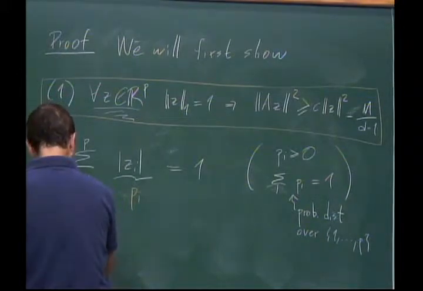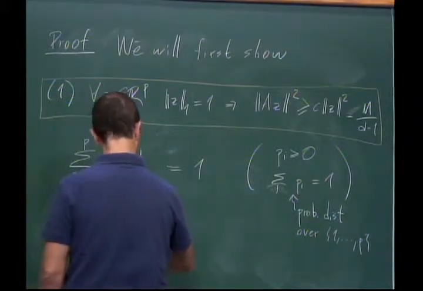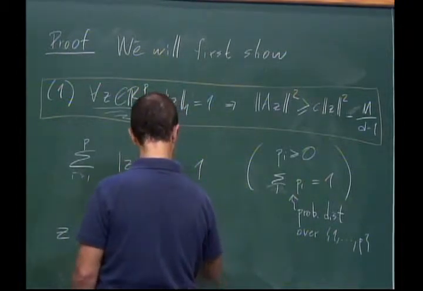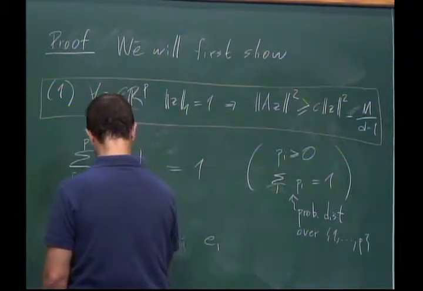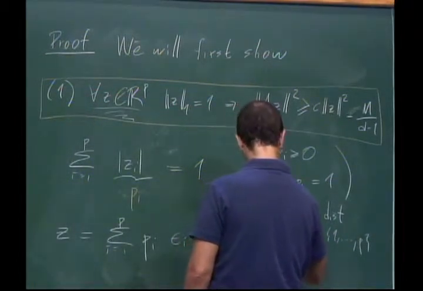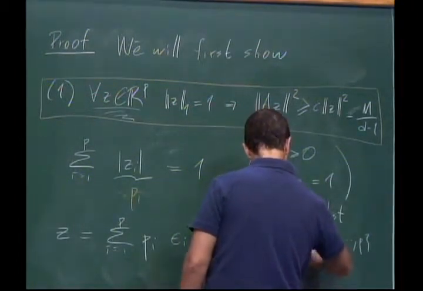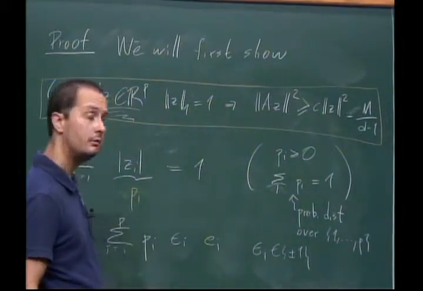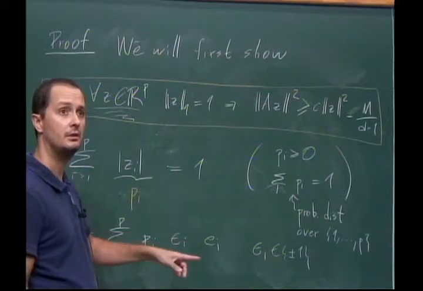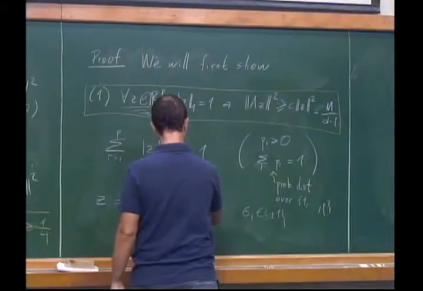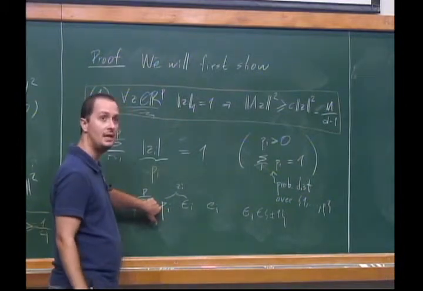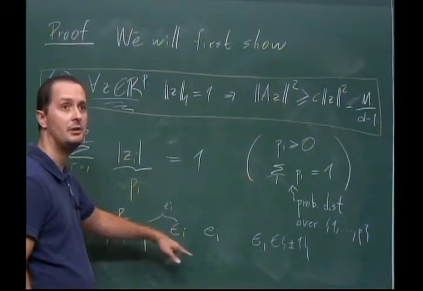So the vector z is a sum of p_i times epsilon_i times the canonical basis vector e_i, where epsilon_i belongs to plus or minus 1. Certainly z is a sum of canonical basis vectors with coefficient z_i. So p_i is the absolute value of z_i, and I just take the sign of z_i to make this work.